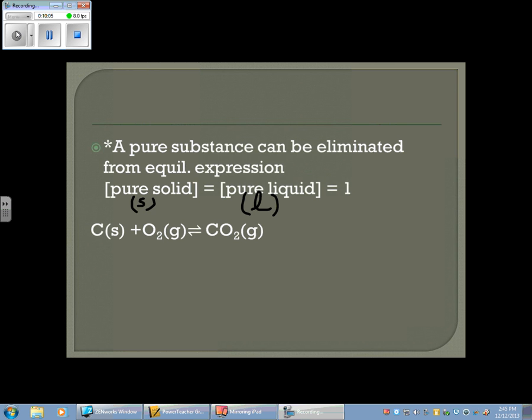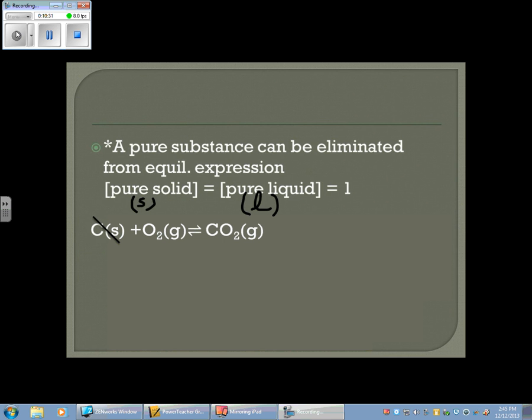So in this reaction that I have here, we have one thing that we can get rid of, can eliminate. We can get rid of carbon because it is a solid. It is not going to enter into our equilibrium expression. Now in your homework, you will have a lot. The first few are all gases, but then I get to some where I throw in some liquids and solids, so make sure that you pay attention.